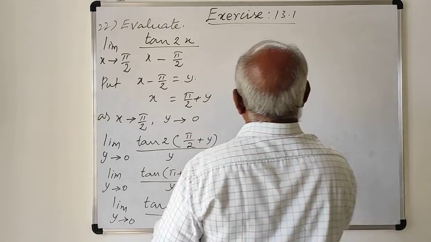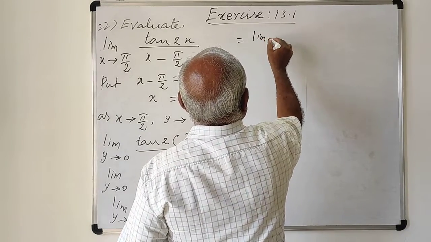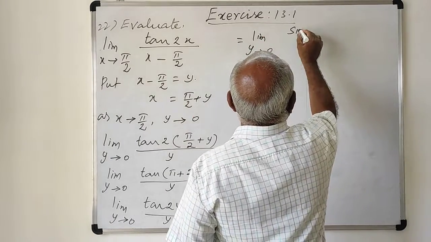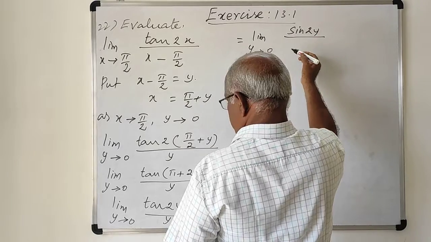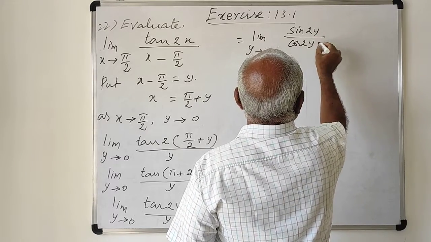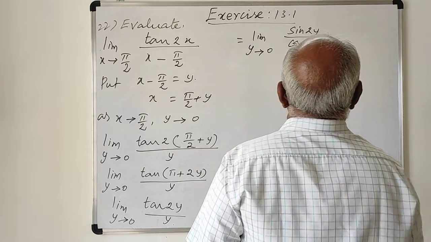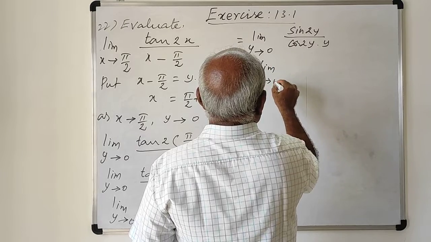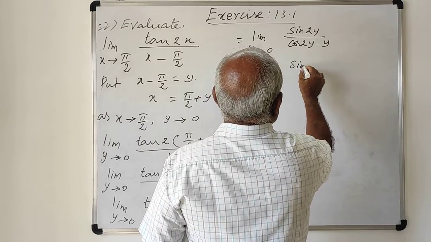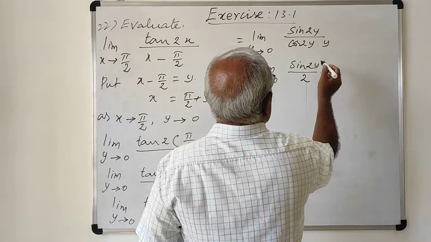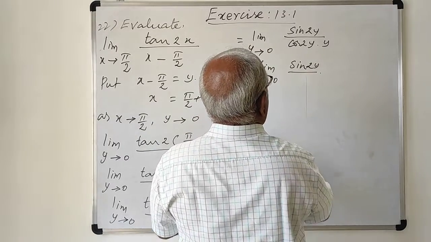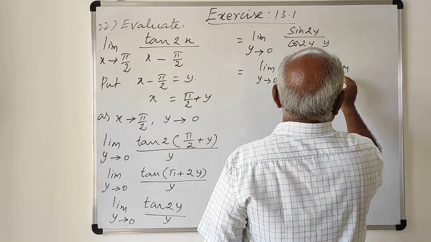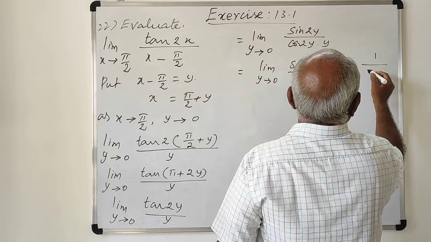So that is equal to limit y tends to 0, tan 2y is sin 2y by cos 2y into y. You can take the limit y tends to 0 of sin 2y by y and keep it as it is, and you rewrite 1 by cos 2y as a separate limit, limit y tends to 0, 1 by cos 2y.